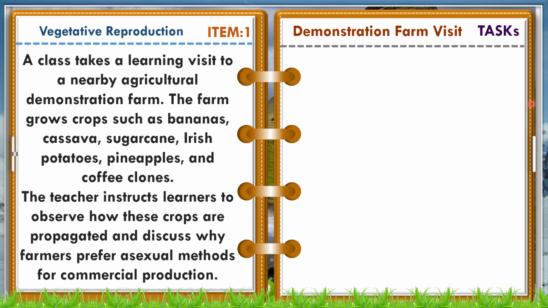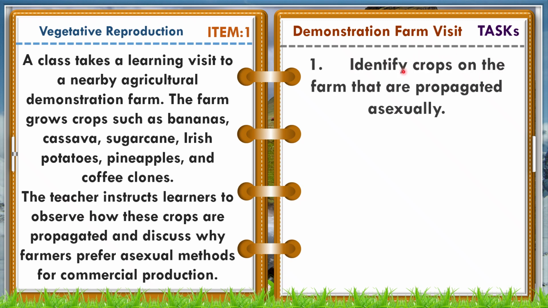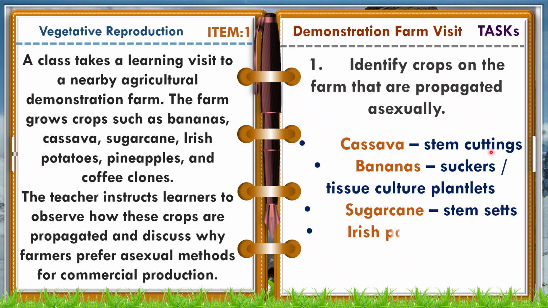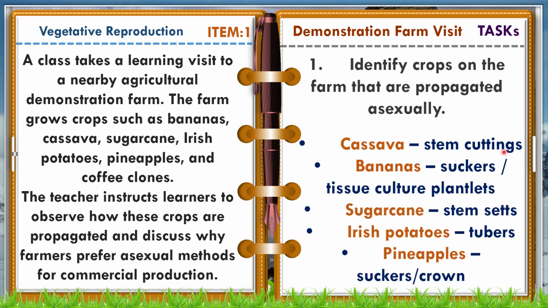Task: identify crops on the farm that are propagated asexually. Cassava using stem cutting. Bananas, they use suckers or tissue culture plantlets. Sugarcane, they use stem sets.